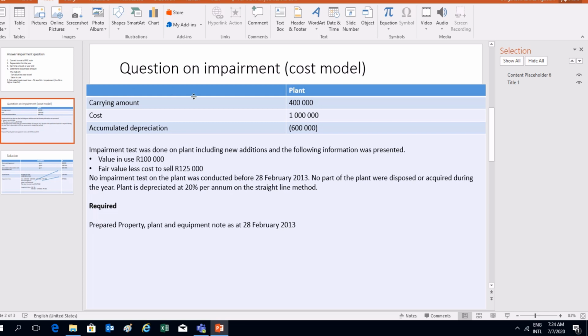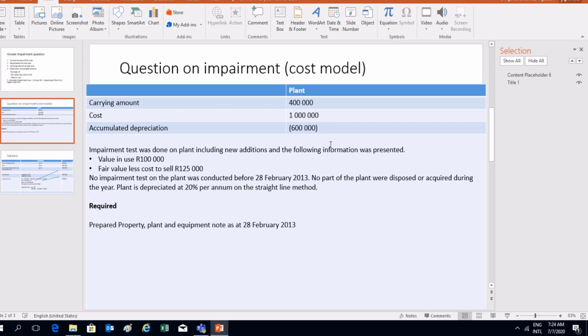The question, as I said, is impairment cost model. It's about a plant. The plant cost is 1 million. Accumulated depreciation at the beginning of that year, which is 1 March 2012, is given here.